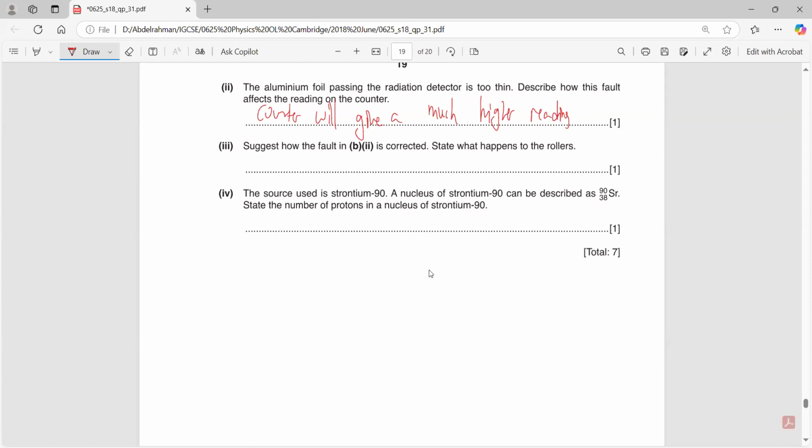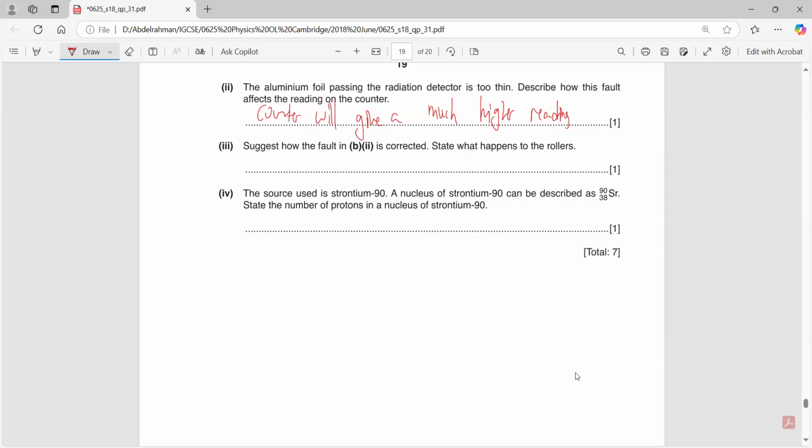If the foil sheet passing through is, for example, 1 millimeter, that's okay. If it increases to 2 millimeters, that wouldn't be okay. The amount of radiation passing would decrease, and the counter would give a wrong number, and we would be able to stop the process.